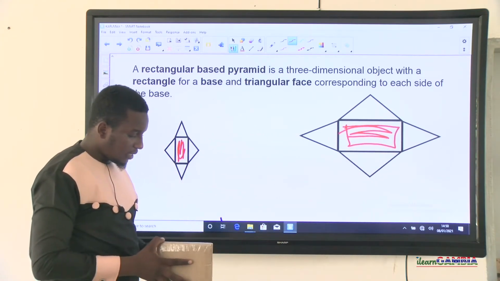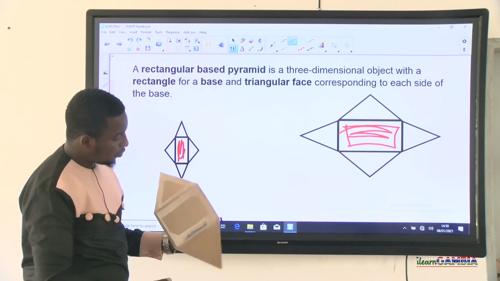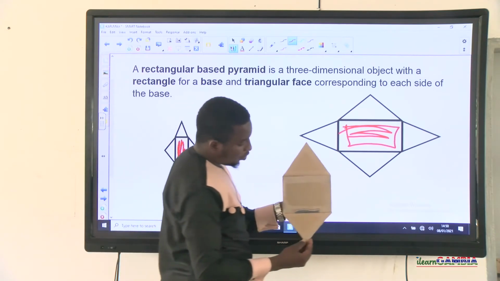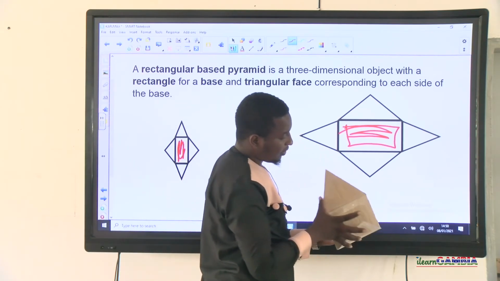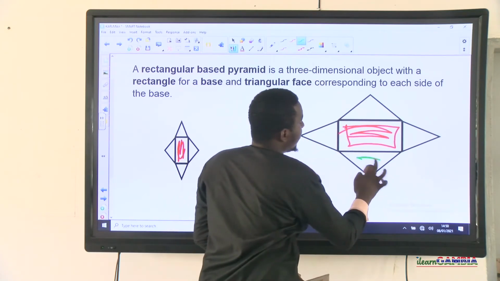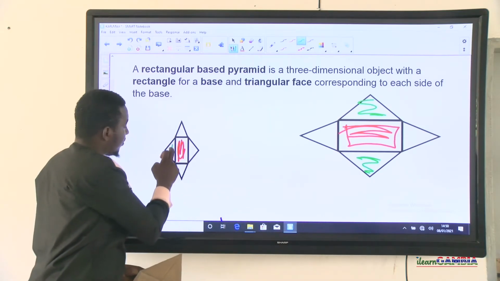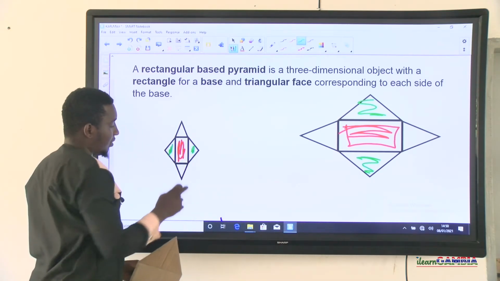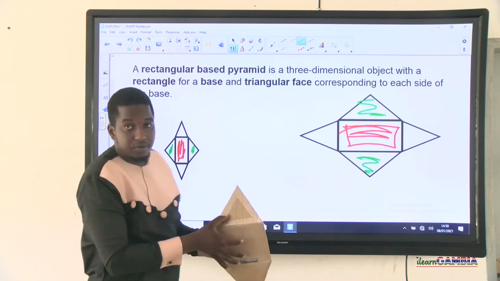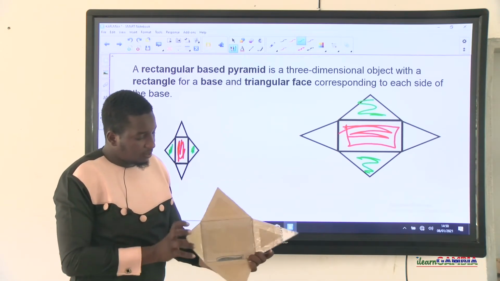So the opposite sides, that is this side and this side, these two sides are also equal. That is this triangle and this other triangle. They are also equal, which forms this one and this other one, which is also this side in this case and this other side. These two triangles are also equal.